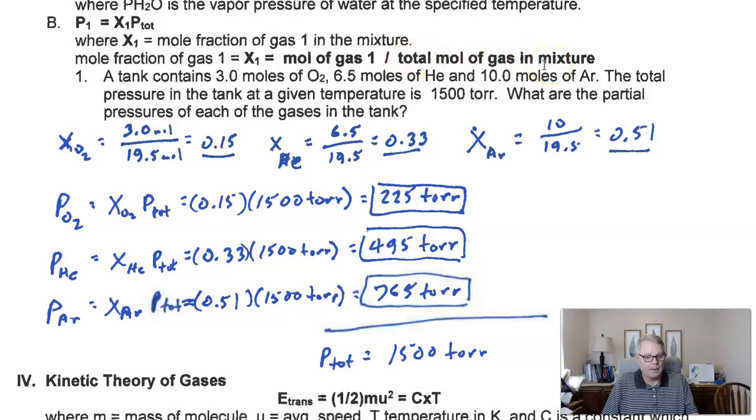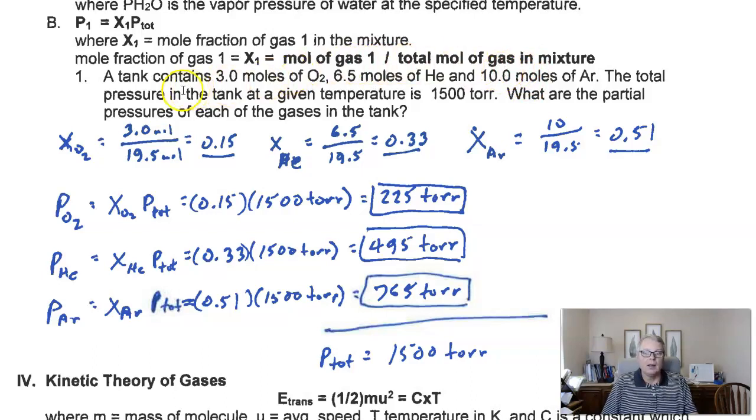Mole fraction. Notice it's a lot like percent. You're just not multiplying by 100. And so this is another concentration unit. Mole fractions have no units because they're essentially fractions, like 1/3 or 1/2. They're just a number, or a fraction if you want to leave it as a fraction.